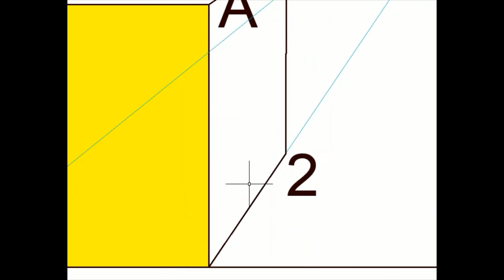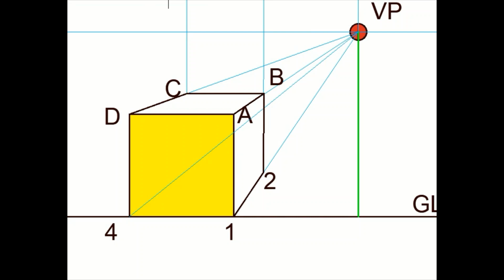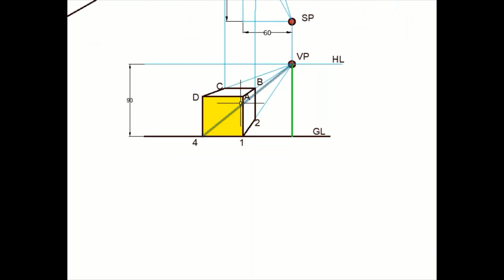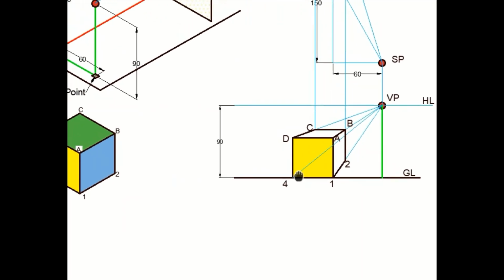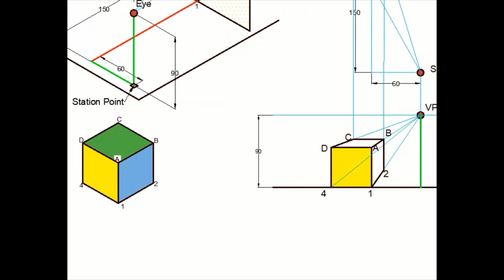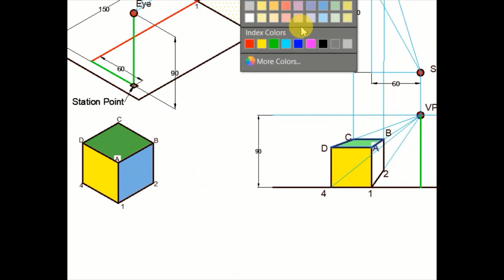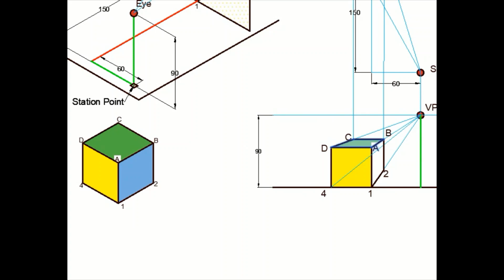So that makes the perspective of that particular cube, and if you wish to make it colored faces also, then you can use this fill command. So that is the top face and this one is the side face.